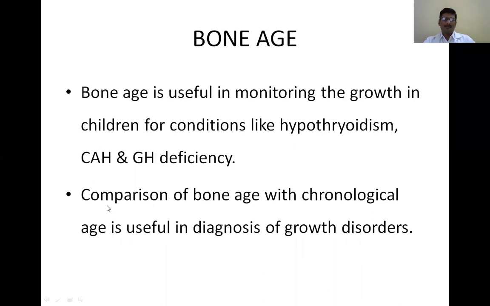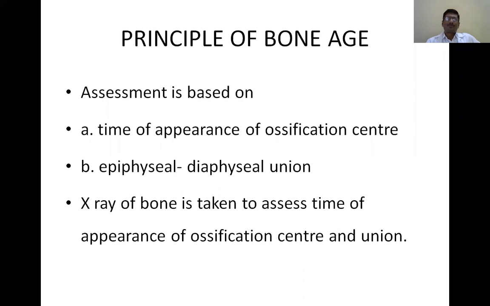We can compare the bone age, taken by radiography, with the chronological age, which is useful in the diagnosis of growth disorders. Sometimes we get cretins or pituitary dwarfs. To know the diagnosis of the growth disorders, we compare the chronological age with the bone age.